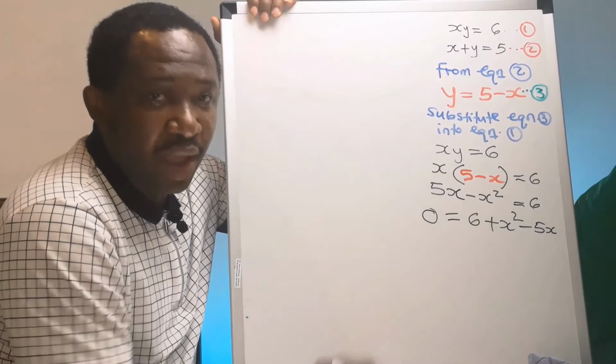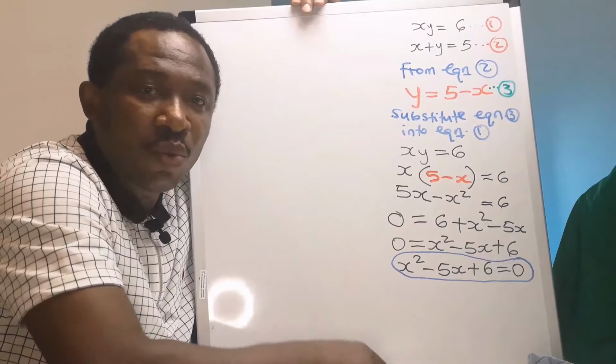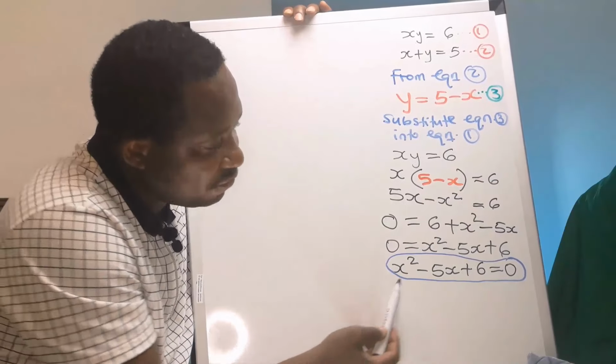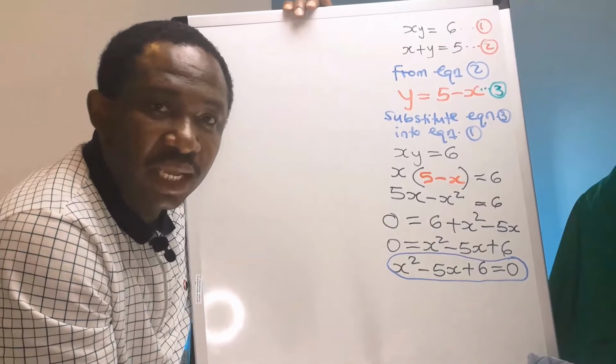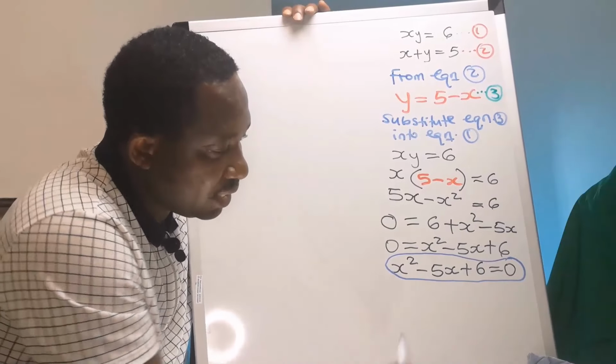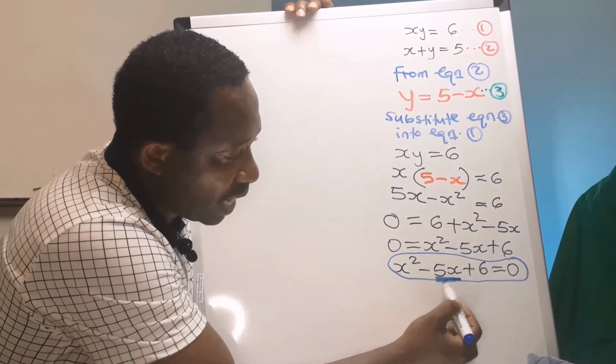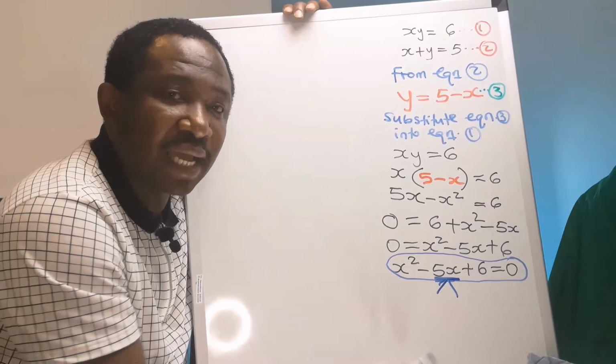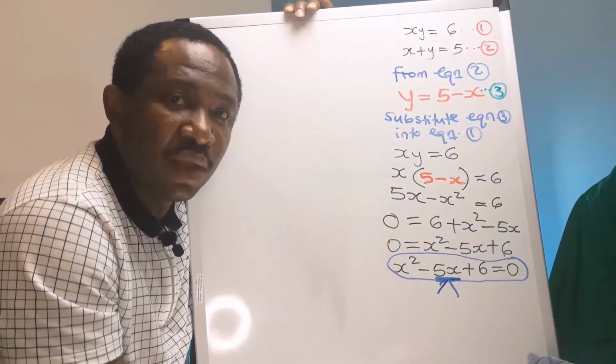Next, I will rearrange the quadratic equation. We have a quadratic equation. If this quadratic equation is factorizable, then I will split the middle term into 2 to have 4 terms, so that I can apply factorization by grouping.